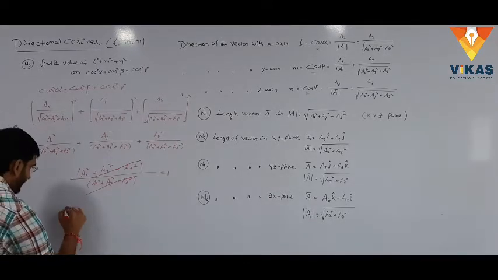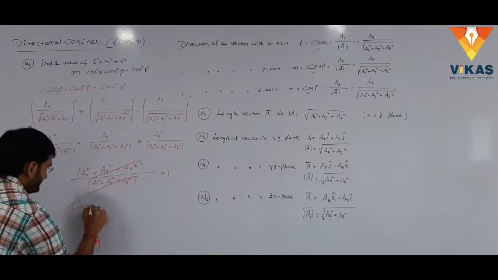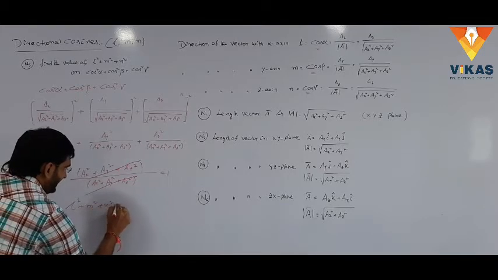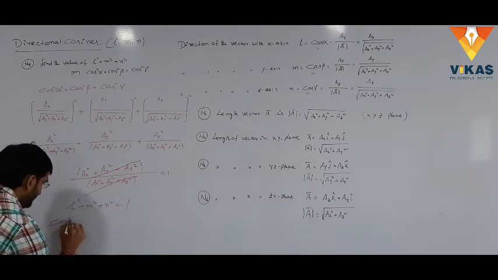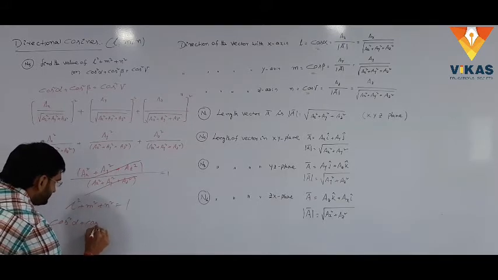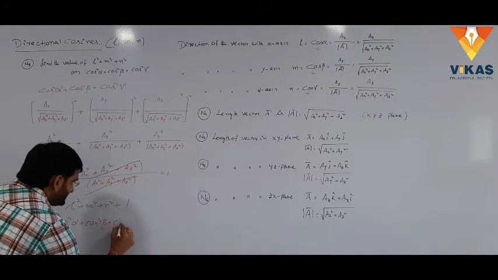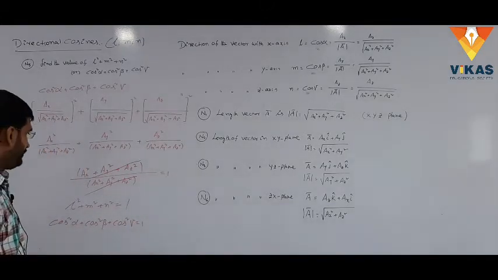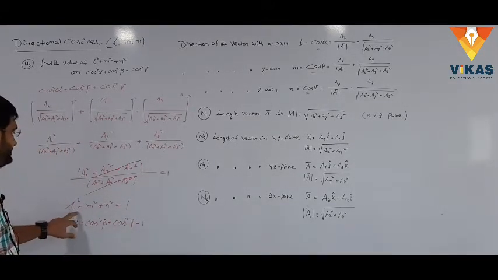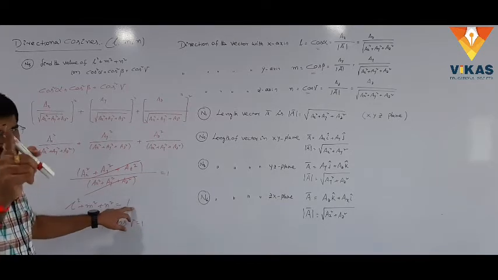Here the value of l square plus m square plus n square is equal to 1, or cos square alpha plus cos square beta plus cos square gamma is also 1. Therefore this is the concept: the sum of the squares of the directional cosines is 1.